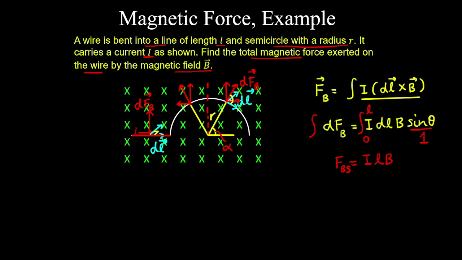So what we're going to take is dF_B, which is I by B by the differential length, which is r d alpha, by sine alpha, to get the magnitude of the vertical component of that differential force vector.